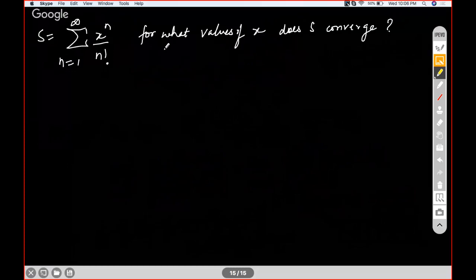Won't it become 0? Yeah, absolutely. So it's always convergent? Yeah, it's always convergent.